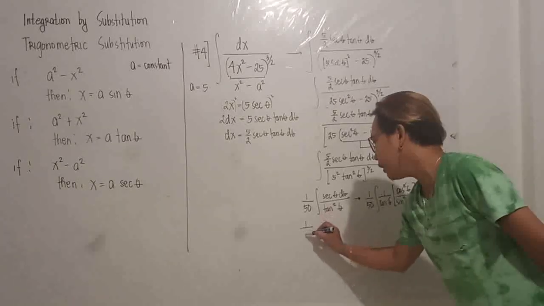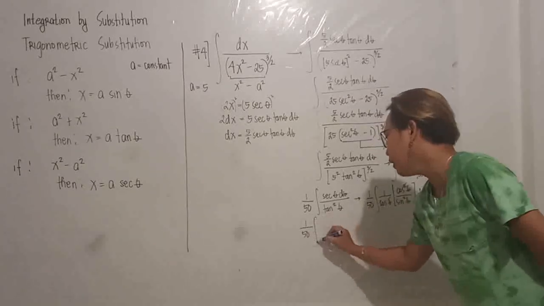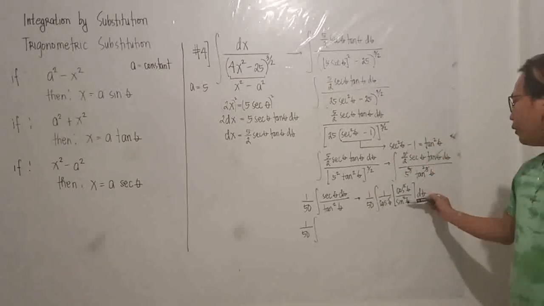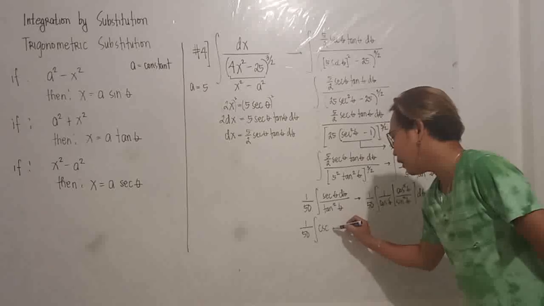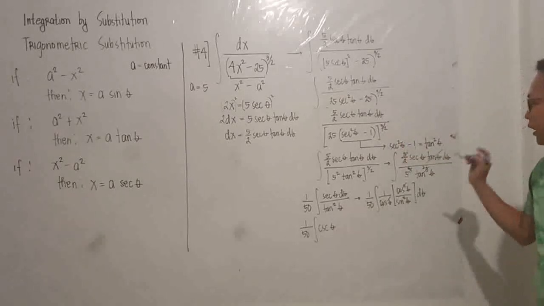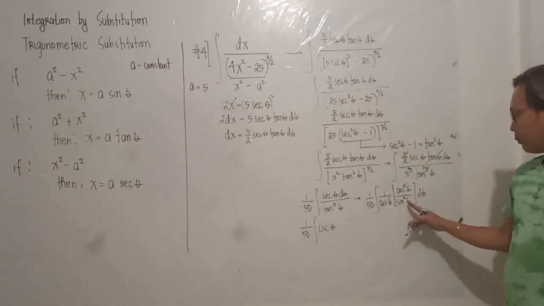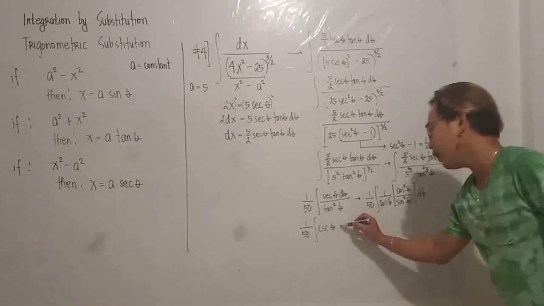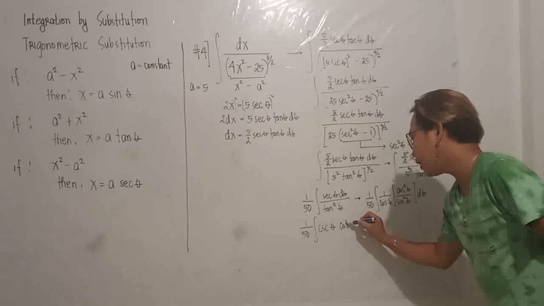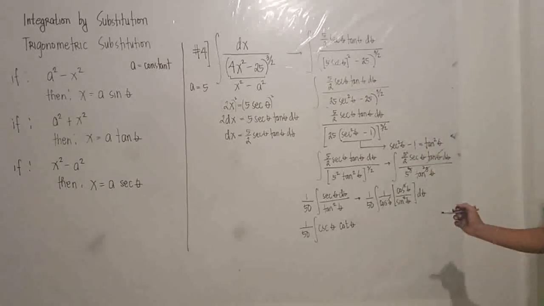So the equivalent is 1 over 50. Then the integral of 1 over sine is cosecant theta. Since we took one sine, there is still one sine left. You will now have cosine over sine, that is cotangent theta.